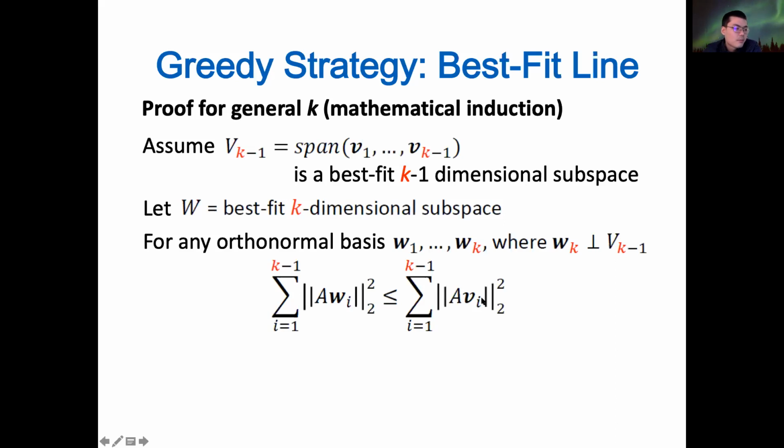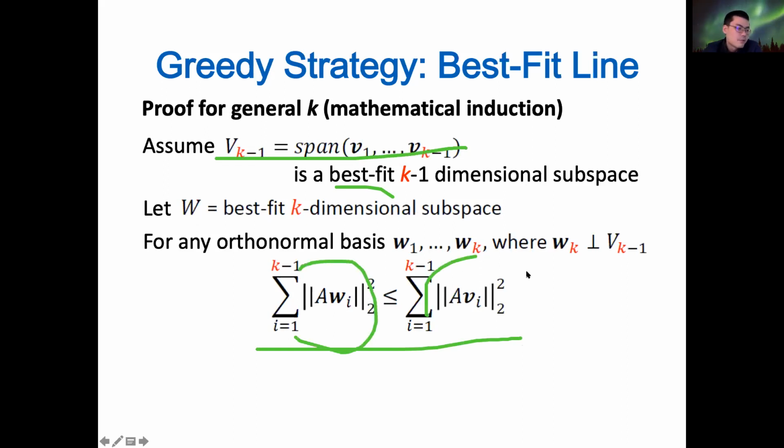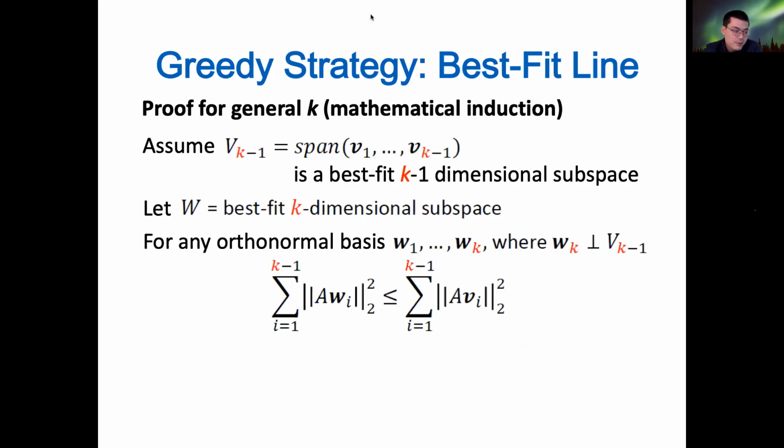This is by induction. We assume this is the best fit, which means all the K minus 1 component summation is going to be no more than that of the space spanned by V1, V2, all the way to Vk minus 1. This is the induction assumption.